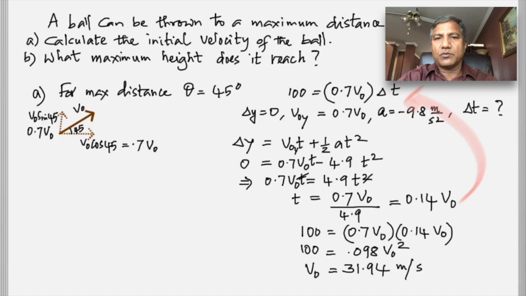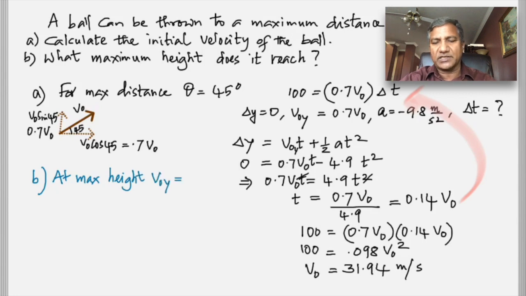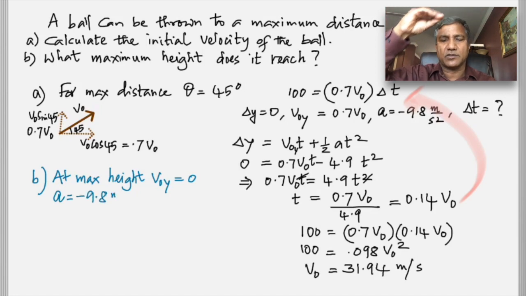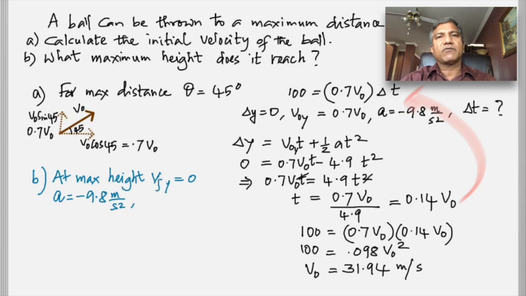So once you remember that, we can do this easily. At the maximum height, the vertical component of the velocity, which is Vfy, not V naught, Voy, I'm going to change that. V final y at the highest point is 0. And a is negative 9.8 meter per second squared.